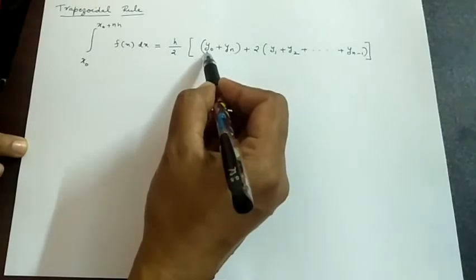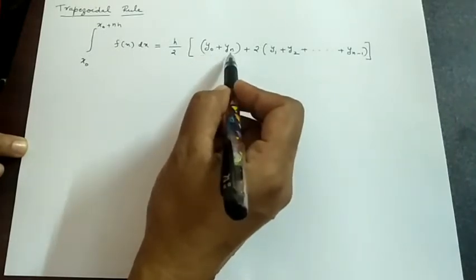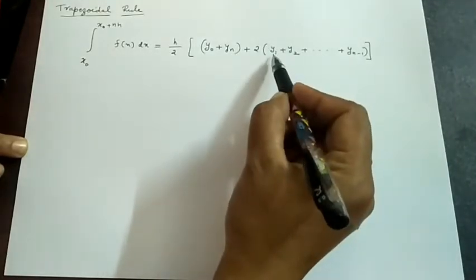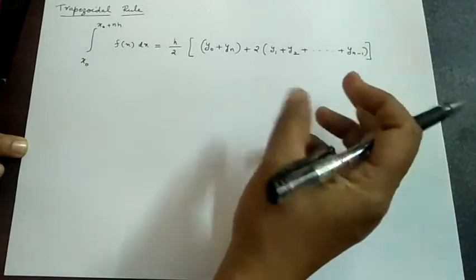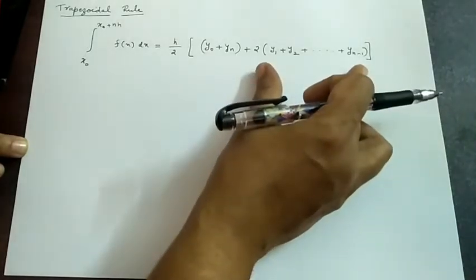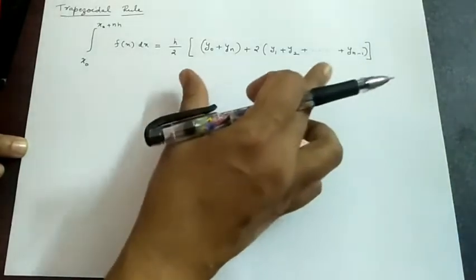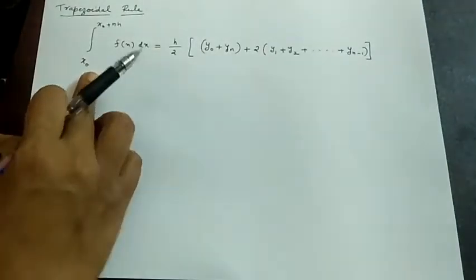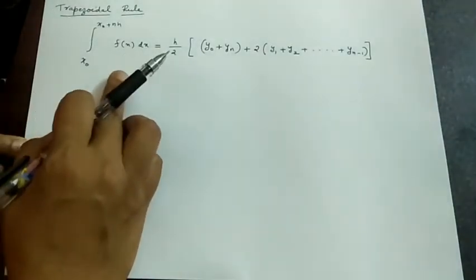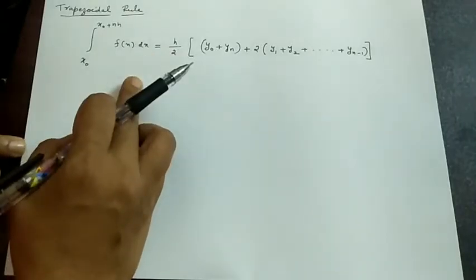Y naught is the initial value of y and yn is the last value of y, or the terminal value, plus 2 into y1 plus y2 plus etc. plus yn minus 1. That is the middle terms of y. By using this formula, we can find out the definite integral of a function of x.